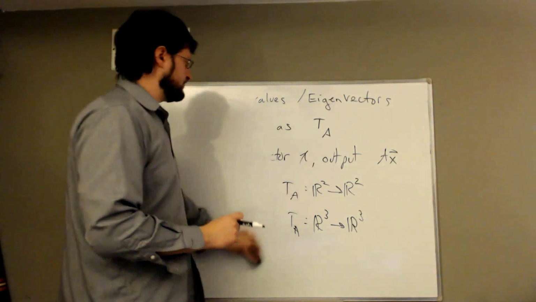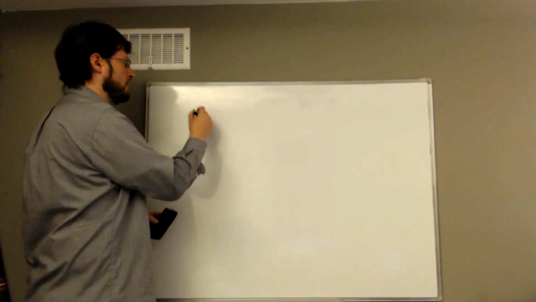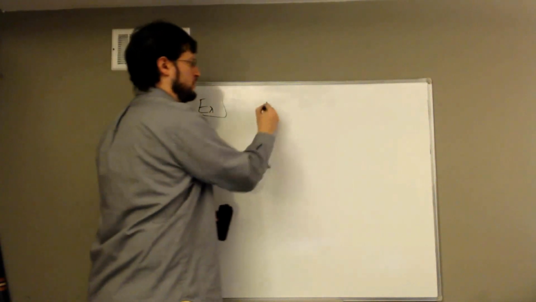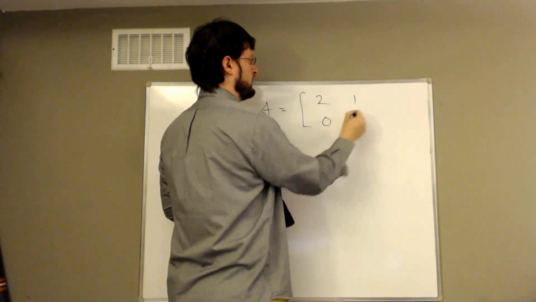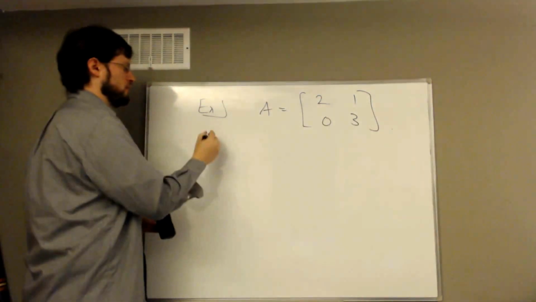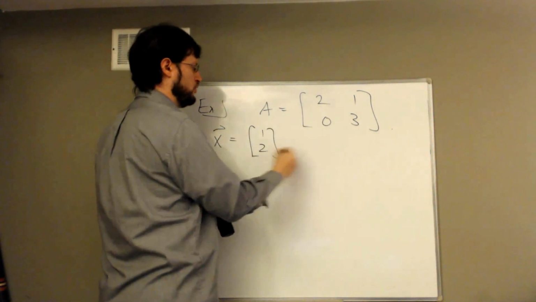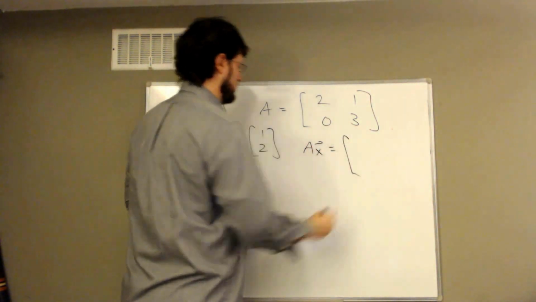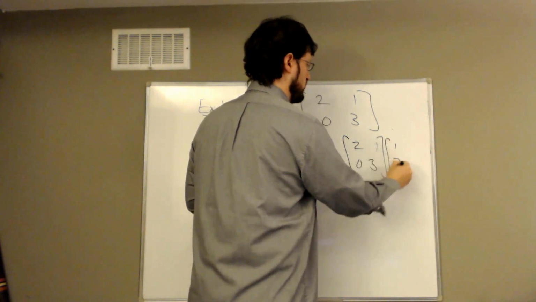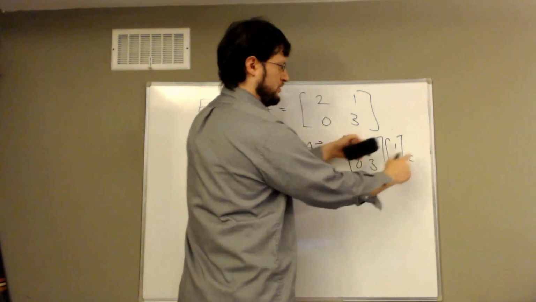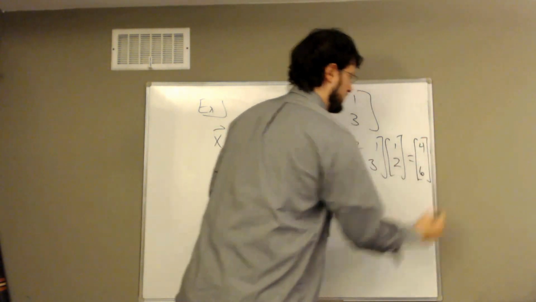All right, now, just to get us on the right path, suppose that I had some matrix A. Maybe I have the matrix 2, 1, 0, 3. All right, so if x is equal to 1, 2, then Ax is equal to 2, 1, 0, 3 times 1, 2, which is 2 plus 2, which is 4, and 0 plus 6, which is 6.